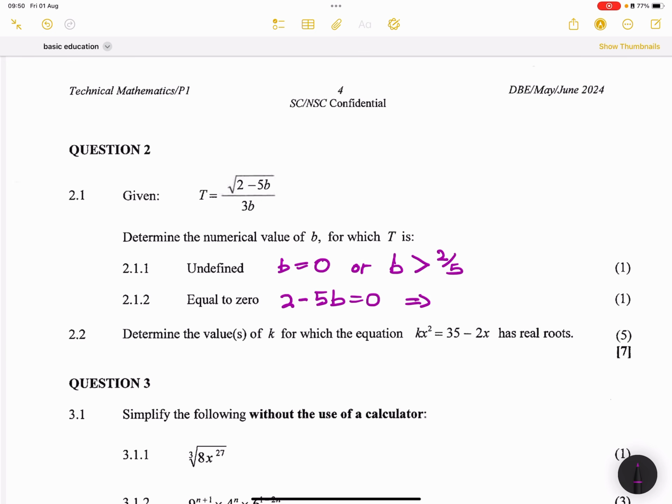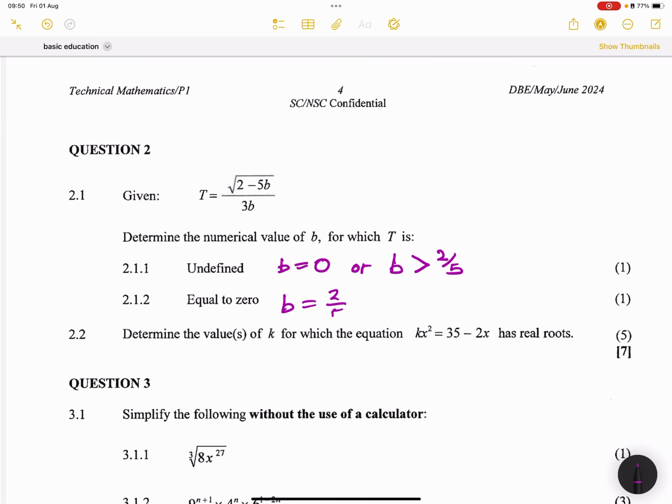We'll have minus 5b is equal to negative 2. And if we divide by negative 5, we've got b is equal to 2 over 5. And so that is when this will be equal to 0, when b is equal to 2 over 5. I hope that you got that.